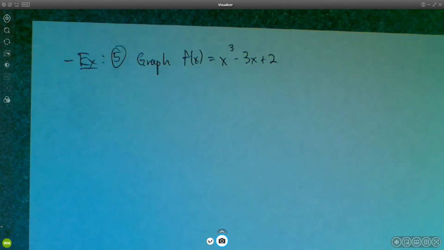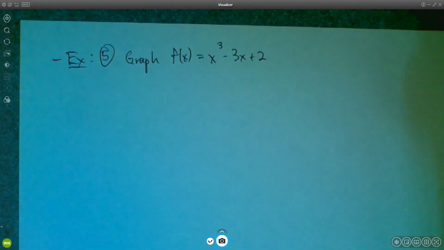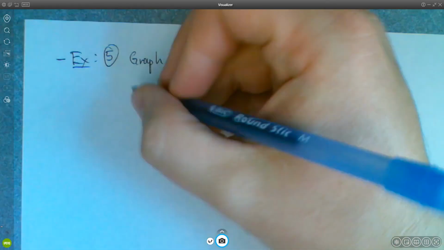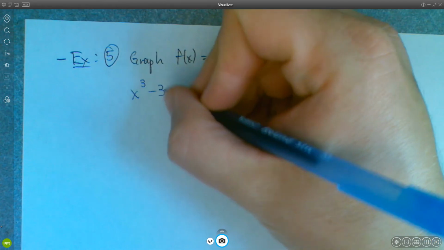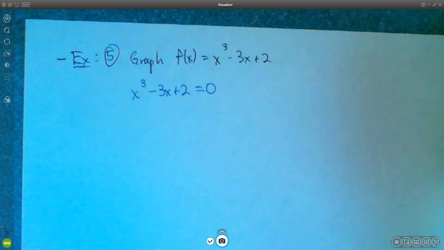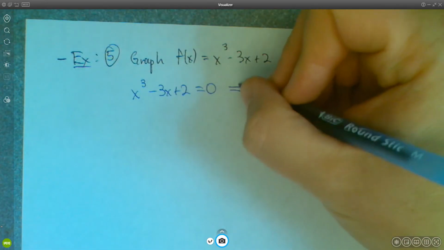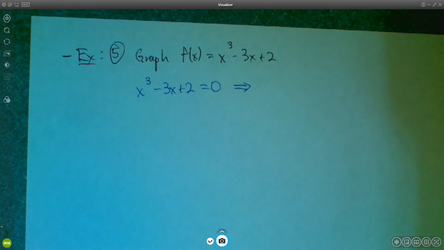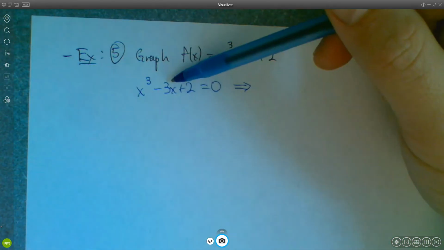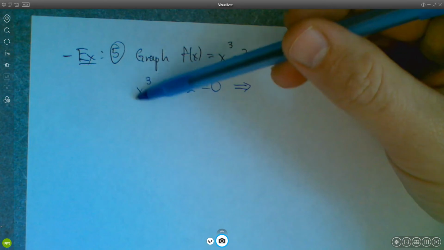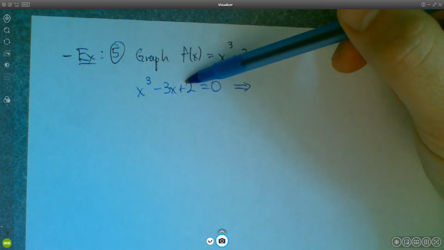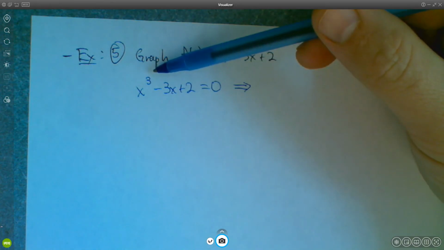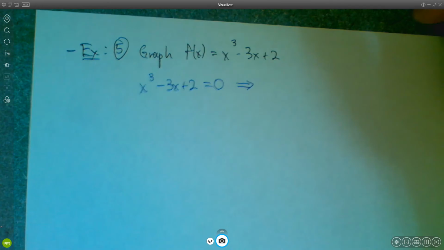To begin with, we're going to want to find the zeros. So I'm just going to set f of x equal to 0 and then solve for x. For this particular function, these are kind of hard for me.